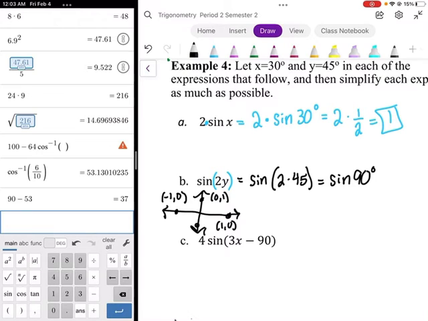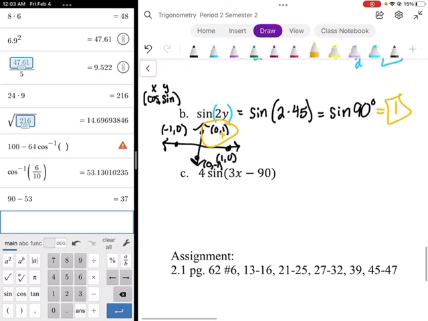And remember, these coordinate points help us evaluate sine, cosine, and tangent when it's on one of the axes. And the coordinate points always go cosine and then sine, which would represent our x and our y values. So for this one, we're doing the sine of 90 degrees, which would be over here, and sine is the y coordinate, and that would make this equal to 1.